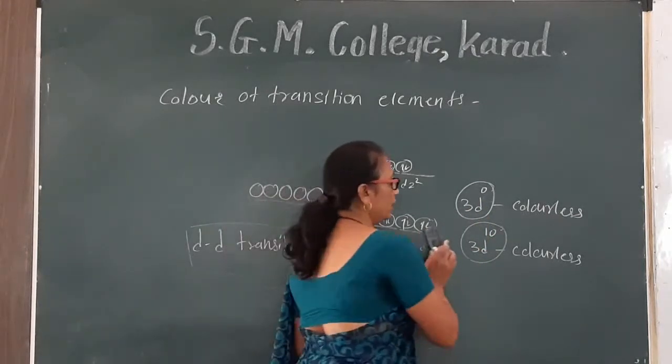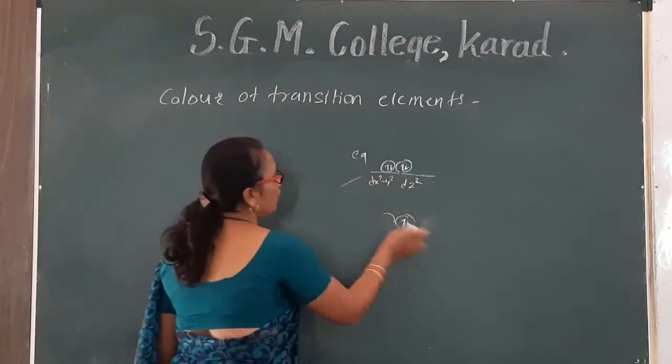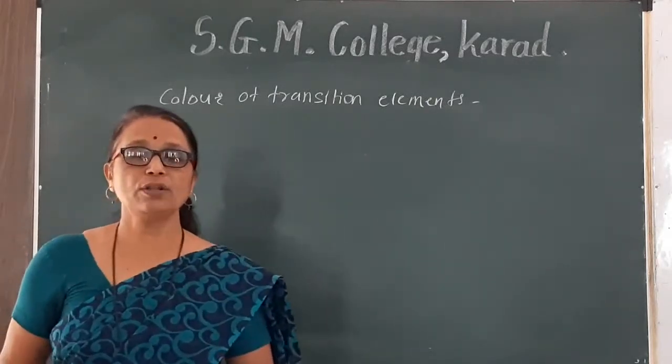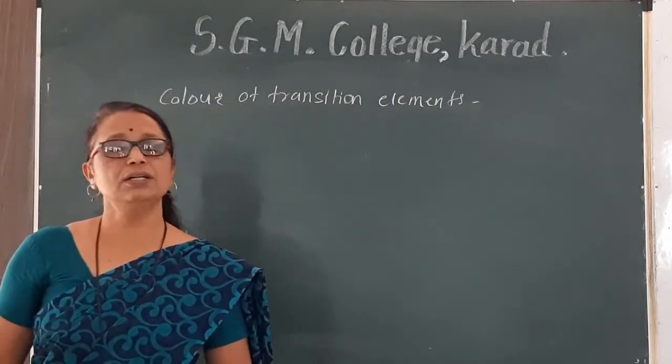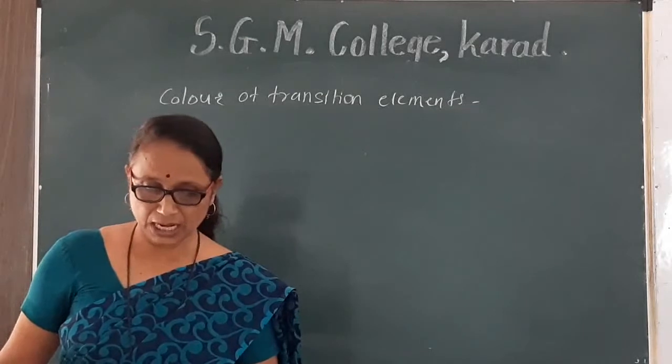These compounds are colored when a number of unpaired electrons are present in the d orbitals. Means the color of the 3d series is mainly due to d-d transition.